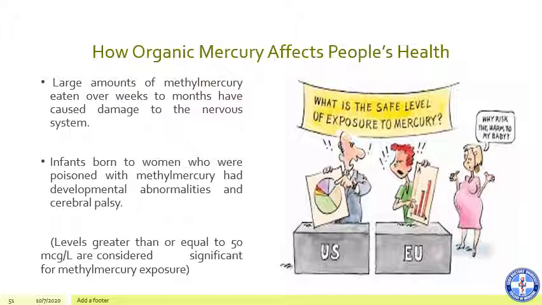Mercury should not be found in water anyway, and the limit of mercury compounds is set to be 5 mg per cubic meter, or it must be lower in the air. Levels greater than or equal to 50 micrograms per liter are considered significant for methylmercury exposure.